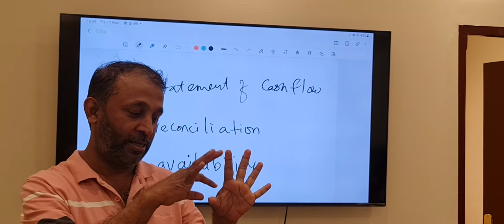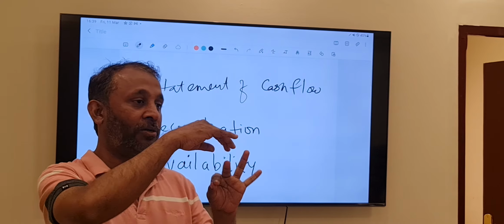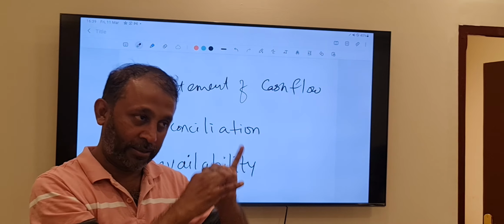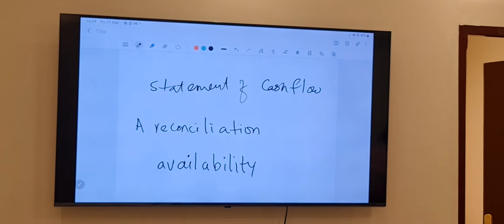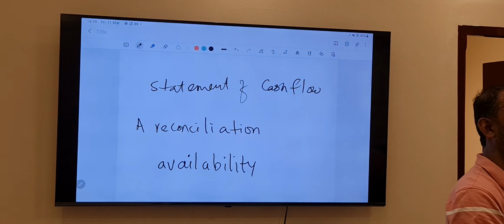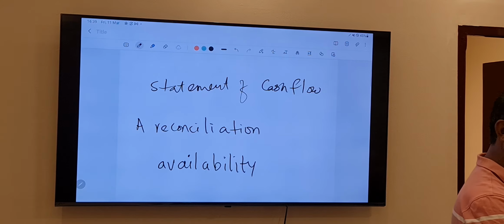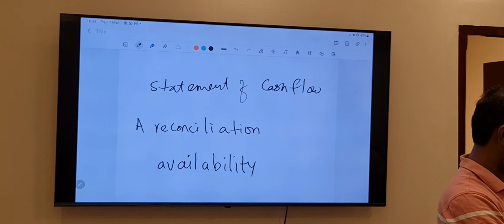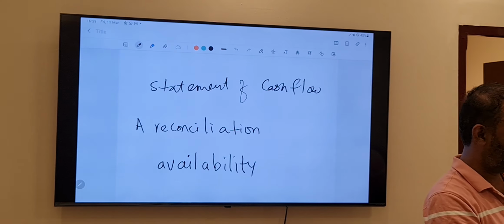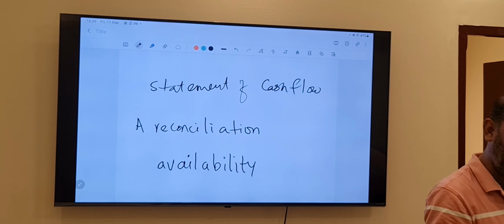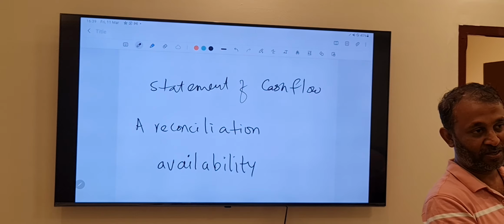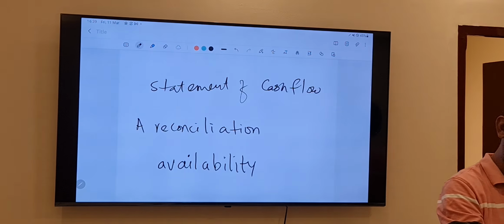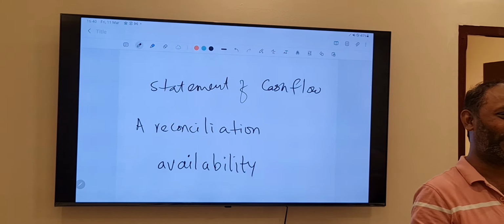So you have a balance sheet, a profit and loss account, a cash flow statement, a statement of changes in equity, and disclosure notes. You see here so many notes. Sometimes users may not understand these descriptive notes. For example, operating expense: how we calculated operating expense, we explain there. But no one bothers to read this.